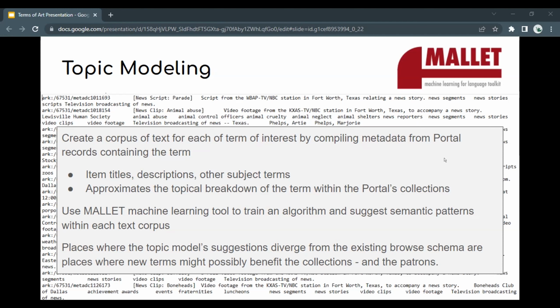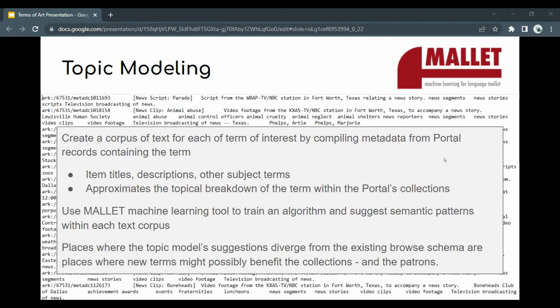Because, as I said earlier, the aboutness of the actual items themselves is rather nebulous, and not contained per se anywhere in the records, I decided to build my topic modeling corpuses for each of these terms of interest by compiling metadata from all of the portal item records that contained the targeted subject headings.